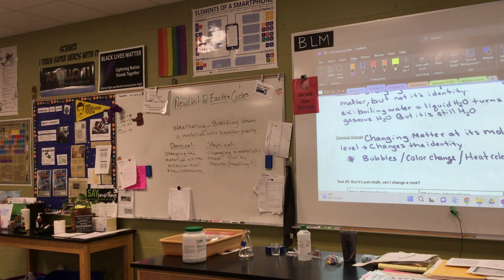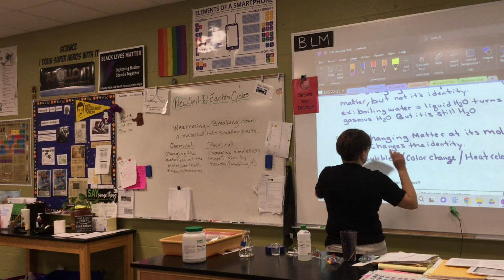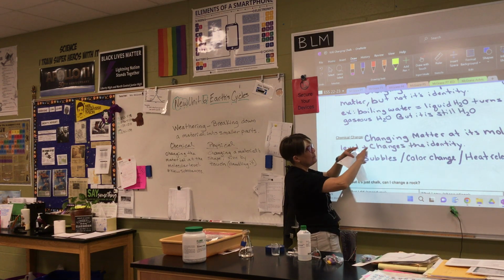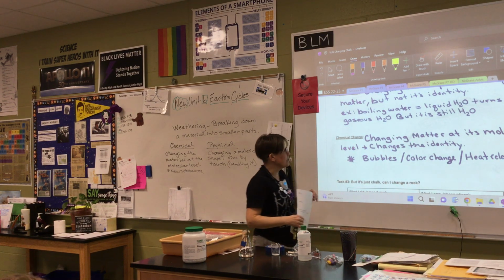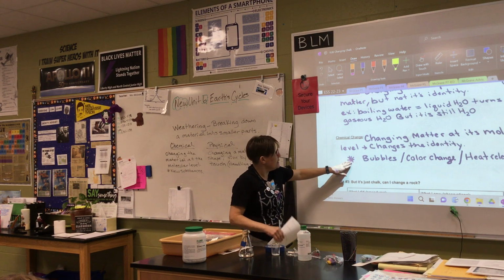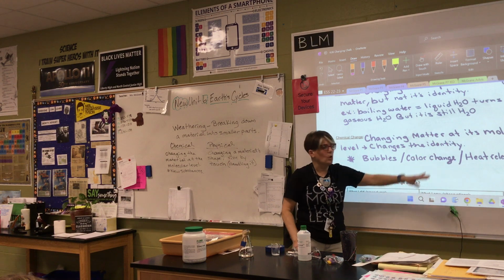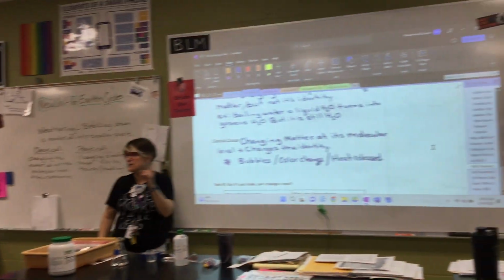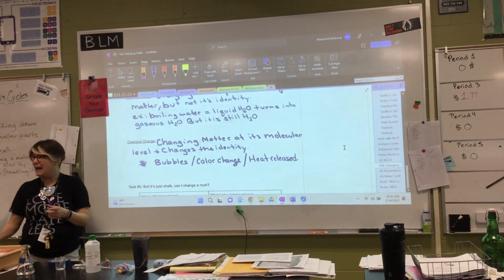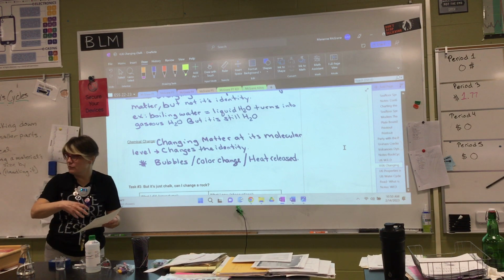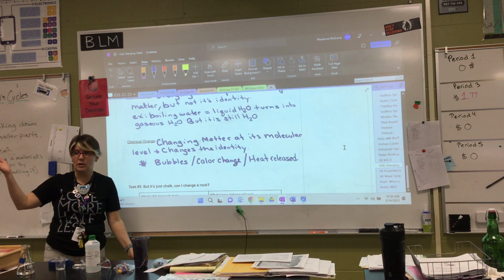It's no longer like H2O, right? The H and the 2 have separated out, and they've created something else. And we know that a chemical change has happened when we see bubbles, a color change, or when heat is transferred in some way, like an ice pack or a heat pack. If you crack those, you know what I'm talking about.